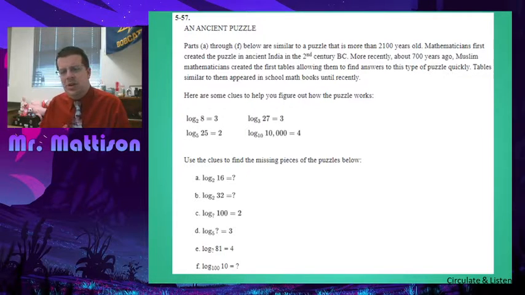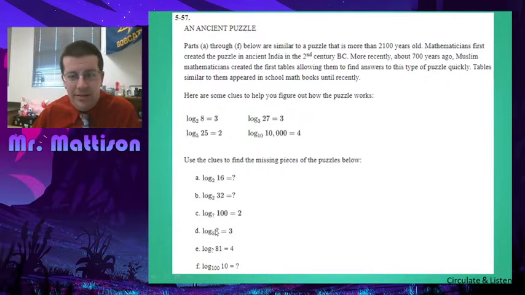Okay. So if I go down to A, this is me asking 2 raised to what power is 16? Well, it's going to be the fourth power. And then we have 2 raised to what power is 32? Well, that's the fifth power. So then here it's what raised to the second power is 100? Well, that's 10. 5 raised to the third power equals what?